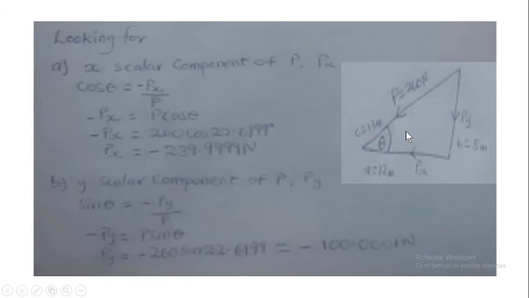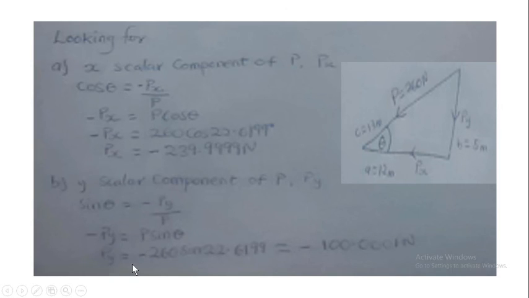And then the y scalar component of the force. From here again, we can see sin theta, the opposite here, over the hypotenuse. So the y component is also going downwards, and so you have negative Py over P. And so when you want to make the y component the subject, you have negative Py equals P sin theta, and then you know the value of P, so you slot in carefully your values into this expression.